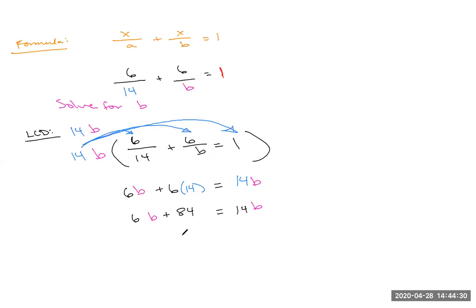Okay, get all your B terms to one side. So 84 equals 8B, which is 10.5.